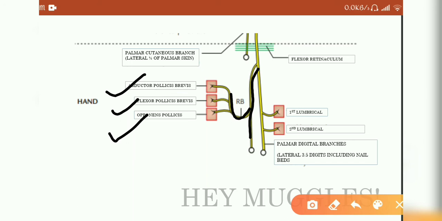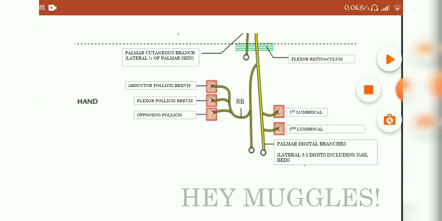The medial division of median nerve supplies the first lumbrical, second lumbrical, and it also gives sensory innervation to lateral 3.5 digits including the nail beds, right?